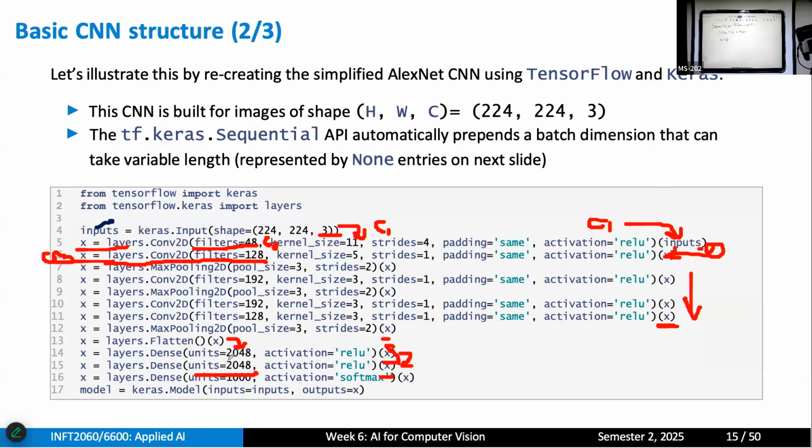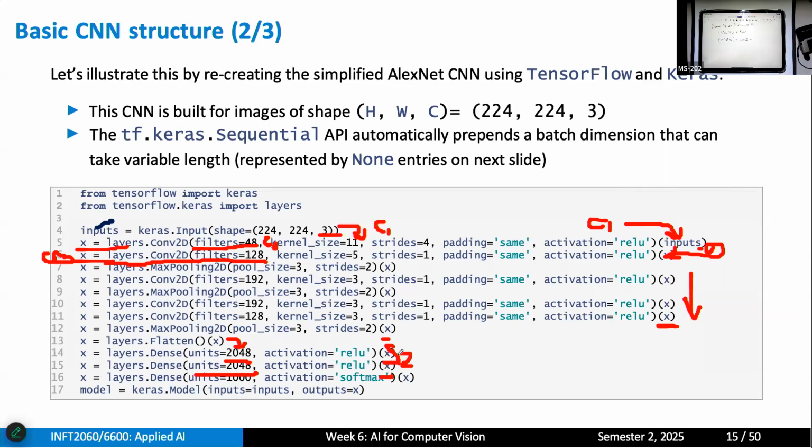The first layer's output is 2048, right? So it means the first dense layer's output is the second dense layer's input. That is 2048 times 1, and its output is 2048.